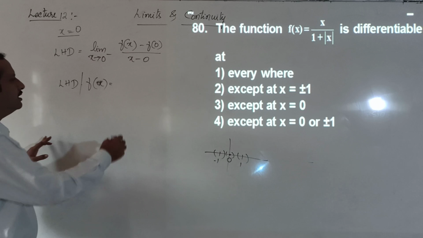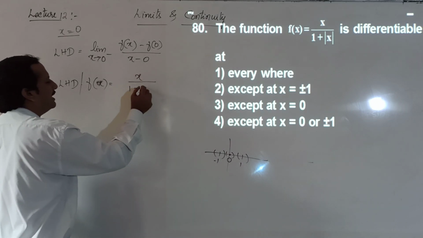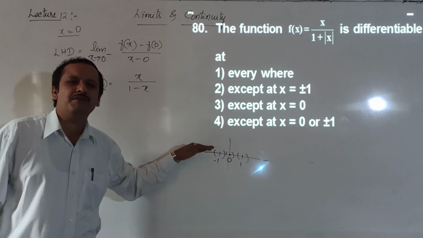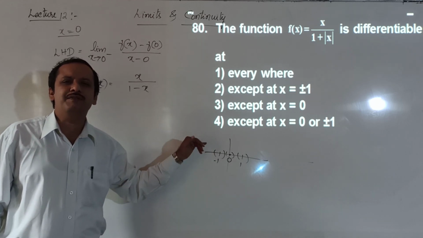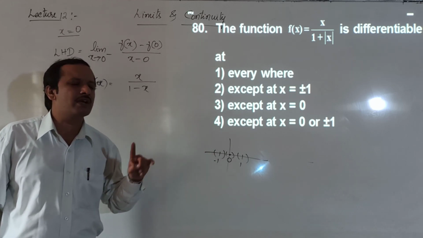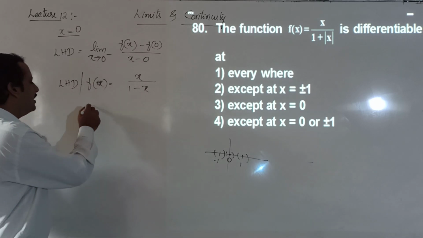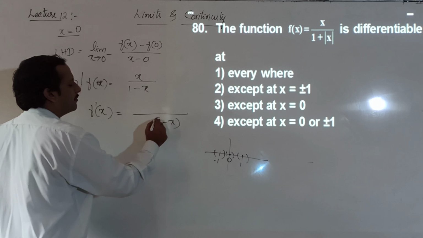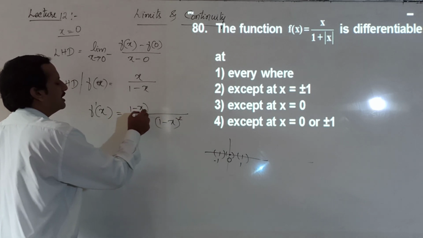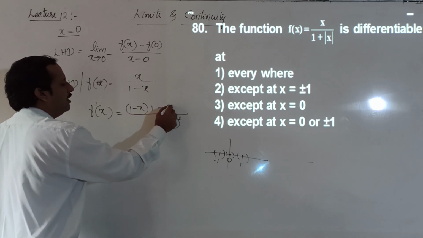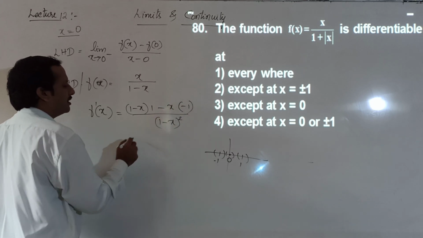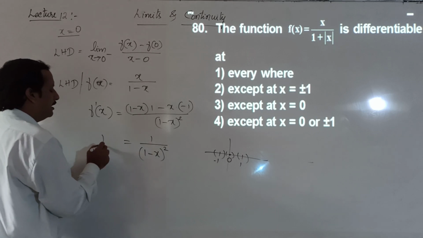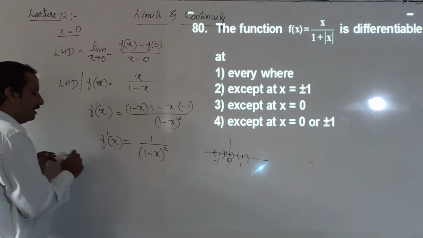What is f(x)? x by (1 minus x), because left hand derivative means x is approaching 0 from the left side. When x approaches 0 from the left side, x is negative, therefore mod x is defined as minus x. Now differentiate. f'(x) is equal to, denominator (1 minus x) whole square, numerator (1 minus x) into derivative of x, that is 1, minus x into minus 1. This on simplification will give you 1 by (1 minus x) whole square. This is f'(x), left hand derivative.